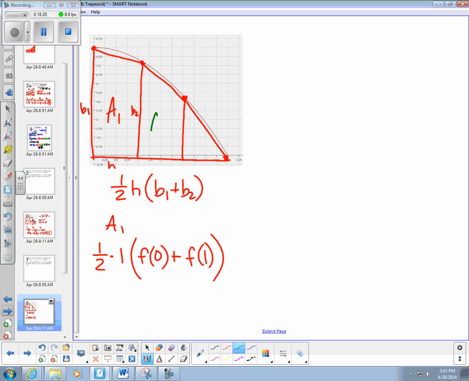Okay, for the second trapezoid, we still have 1/2 from our formula. Our height is 1. Base 1 this time, the one on the left side, is f of 1. On the right side, we've got f of 2.